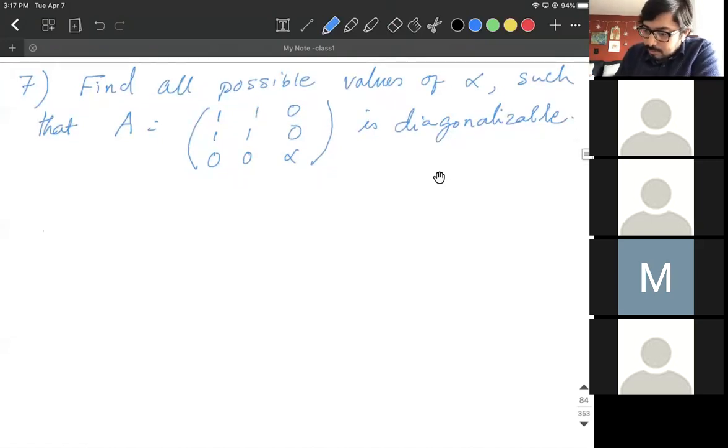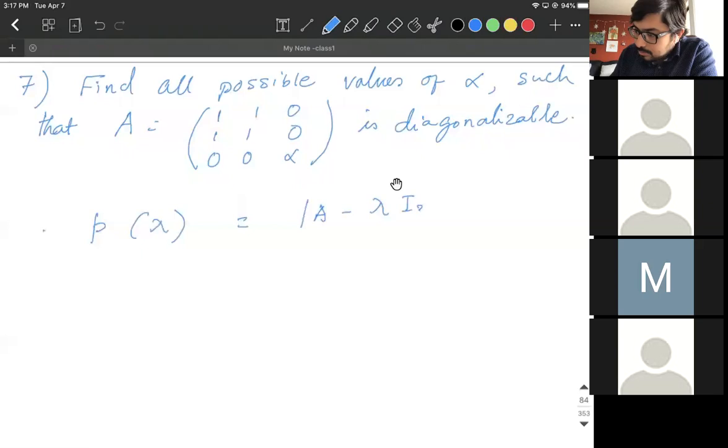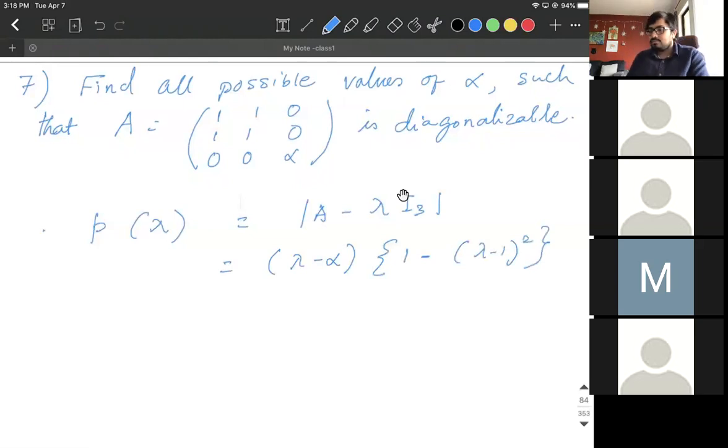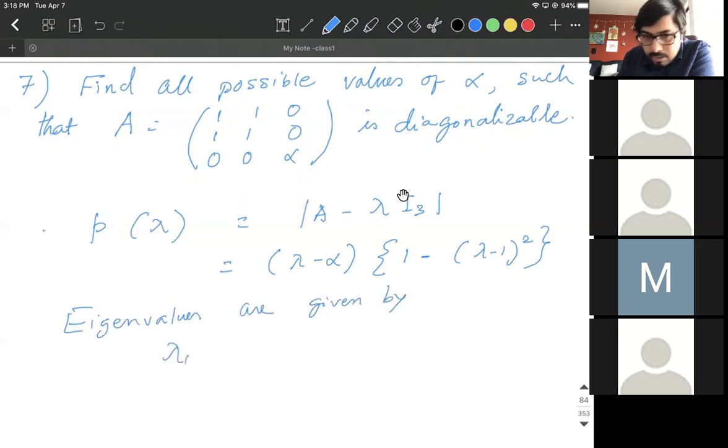So the point is to find the eigenvalues first. The eigenvalues would be in terms of alpha. So this is the determinant of A minus lambda I3. Check that the polynomial would be the following: lambda minus alpha times 1 minus lambda minus 1 squared.